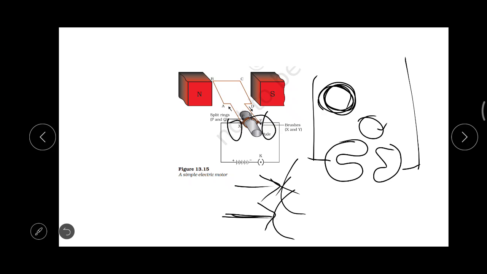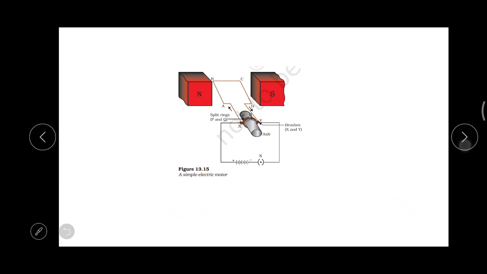Now, after one rotation, it starts rotating in the anti-clockwise direction. After one half of the rotation, what will happen? The AB will reach the north-south position. Let us consider like this.